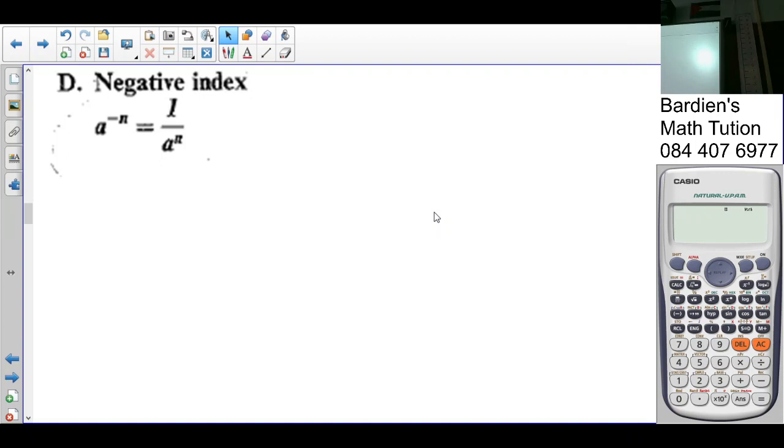Right, people, to explain this one here. Let's say we have x squared over x to the 5. What does x squared mean?